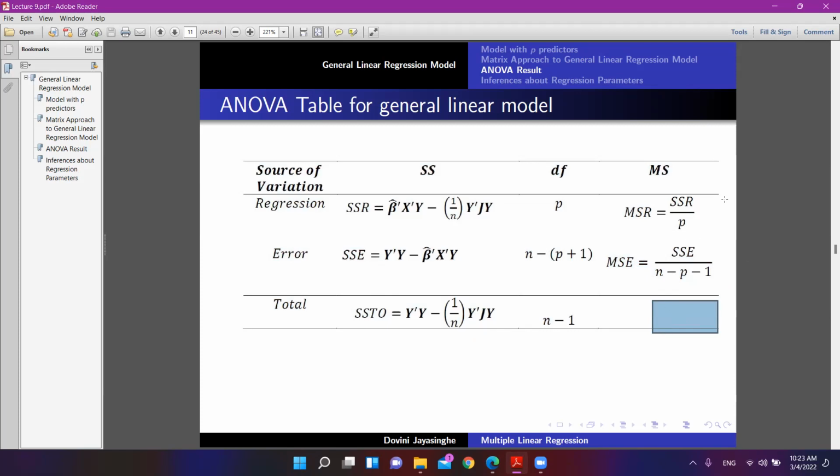How do you get the F ratio? The column is not given here. Same way, this one divided by this one will give you the F ratio. And how do you compute the critical value and all that? This is the numerator degrees of freedom. This is the denominator degrees of freedom. That is the benefit of constructing the ANOVA, because we have all the details here.